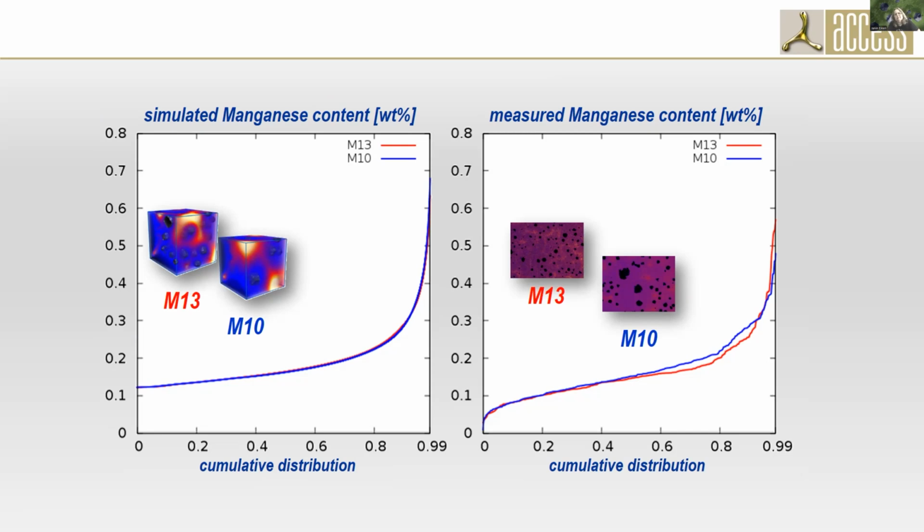It also showed that the statistic of the segregation was almost frozen in, because we have here different temperatures: this is at room temperature and this is at a temperature before the eutectoid transformation. So you see that they do not change much after this. So the theory that the compositions may be frozen in seems to be realistic.